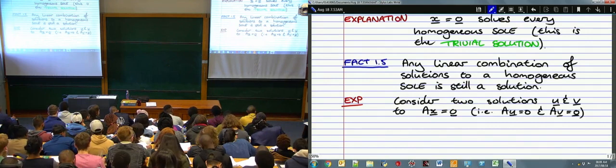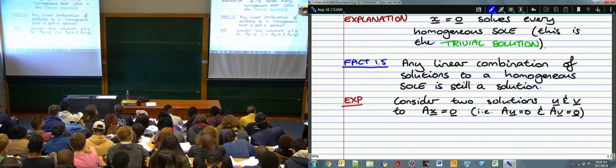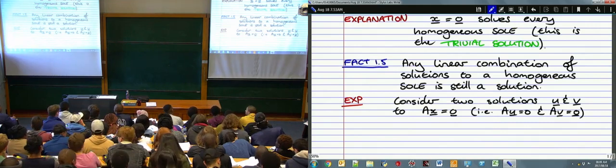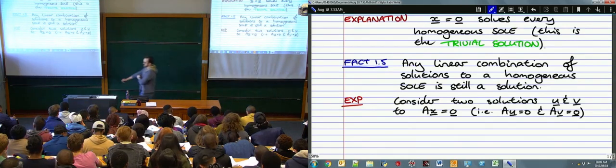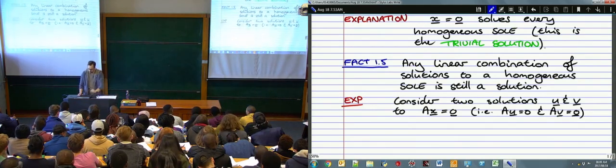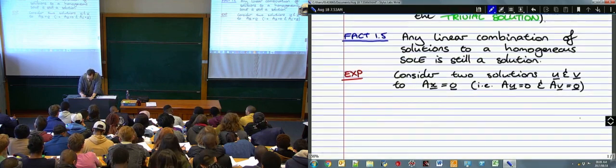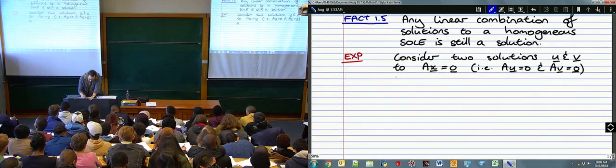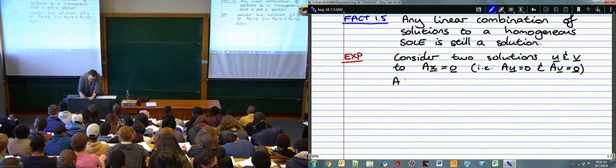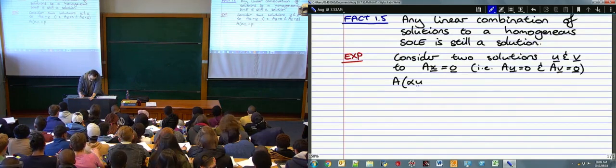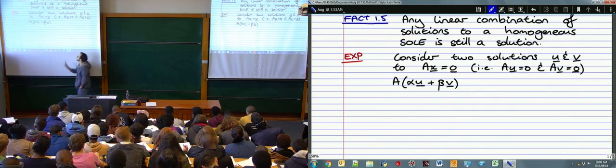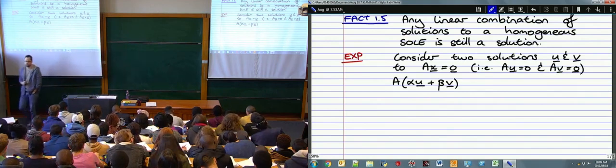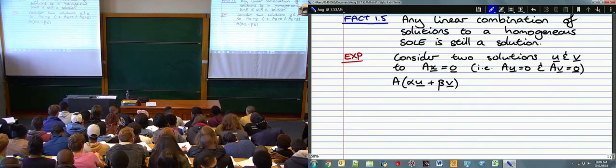We want to know about what happens when you apply the matrix A to the linear combination alpha u plus beta v. What happens when we apply this matrix A to this linear combination alpha u plus beta v?